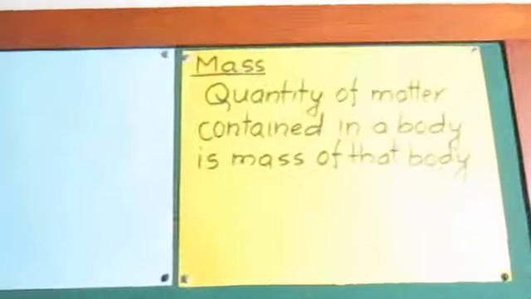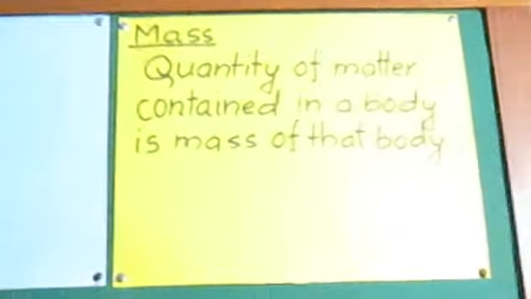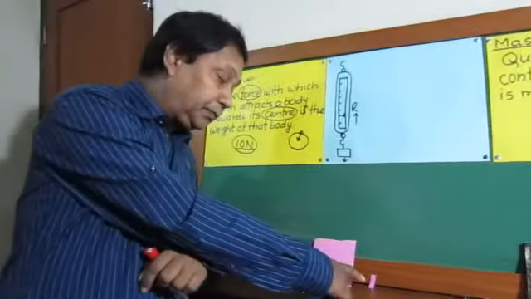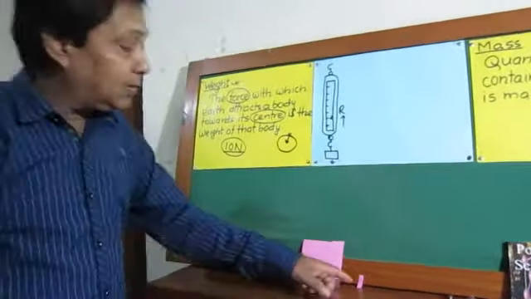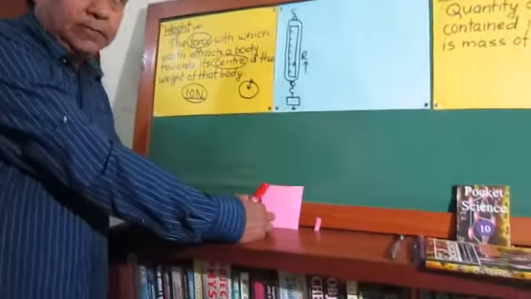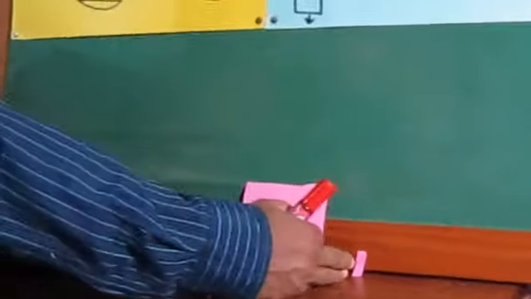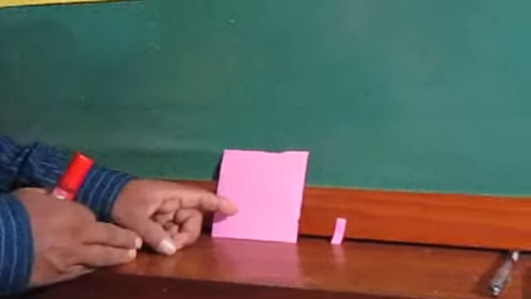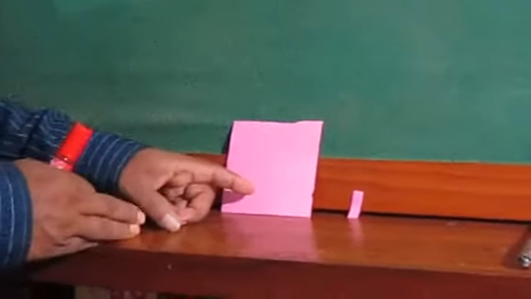What is the meaning? I have taken two pieces of paper. Look at these two pieces of paper. One of the pieces is small, another piece is bigger. For the small piece, we can say that its mass is less, and for the bigger one, we can say that its mass is more.